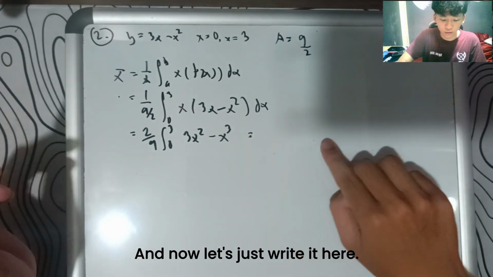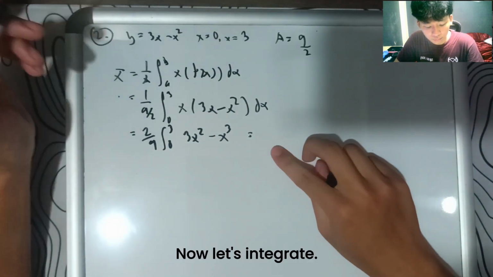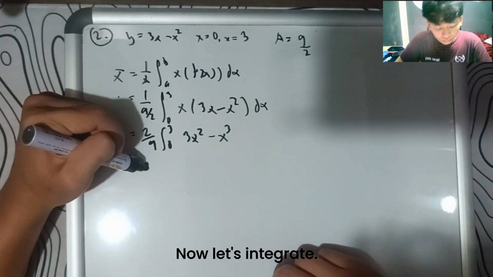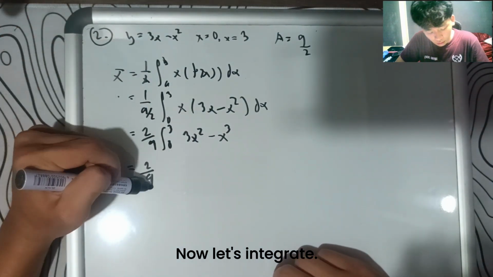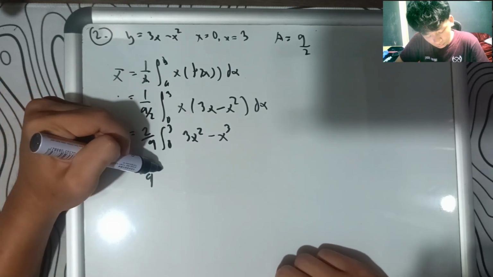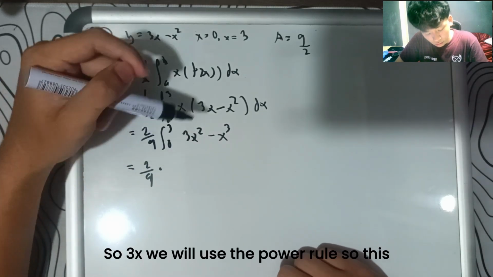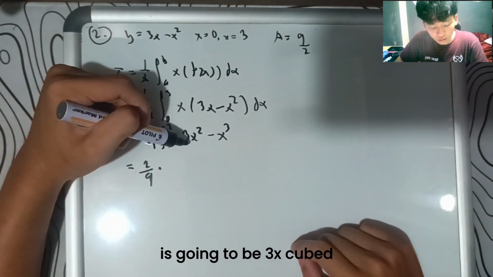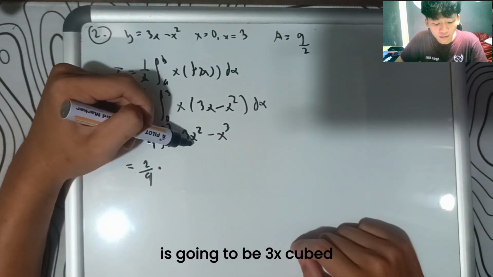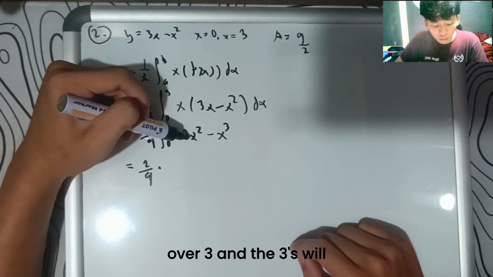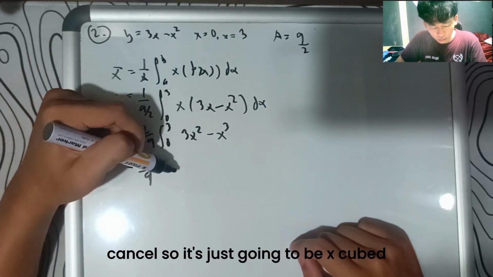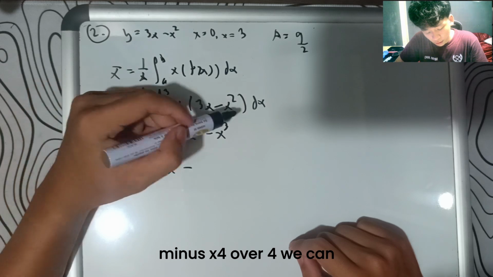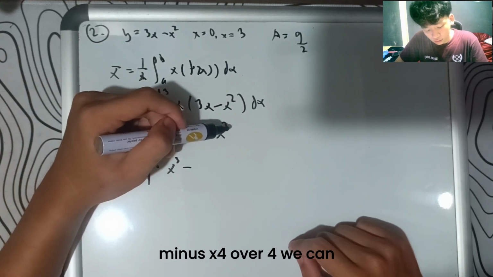Now let's write it here. Now let's integrate. For 3x squared, we will use the power rule. This is going to be 3x cubed over 3, and the 3's will cancel, so it's just x cubed, minus x to the 4th over 4.